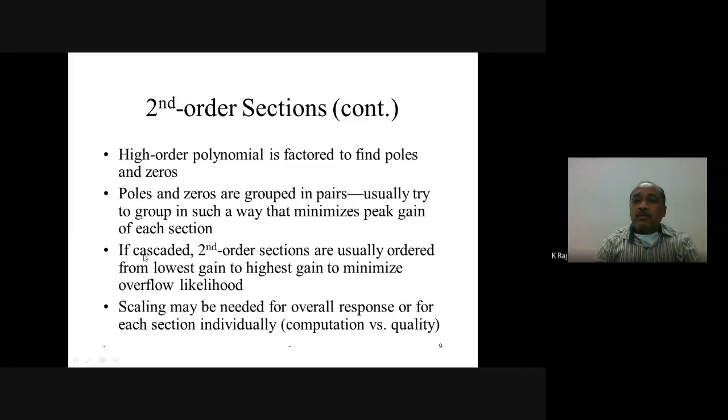If cascading order has to be selected, then second order sections are usually ordered from lowest gain to highest gain to minimize the overflow likelihood problem. And scaling may be needed for the overall response or for each section individually, for computation versus quality purposes.